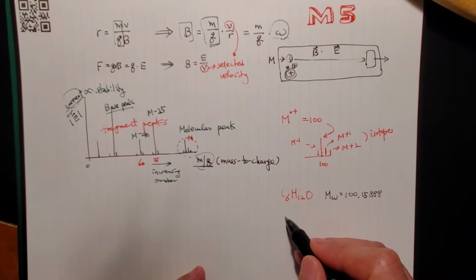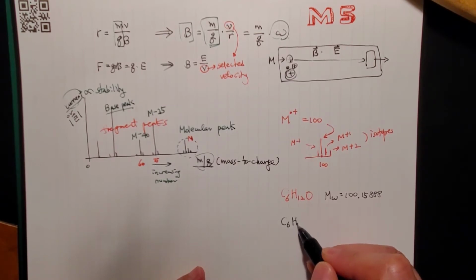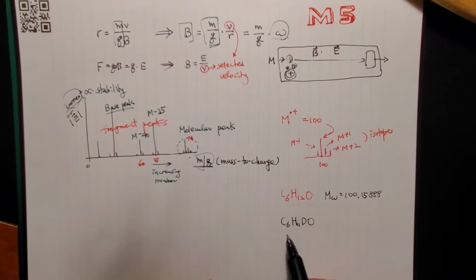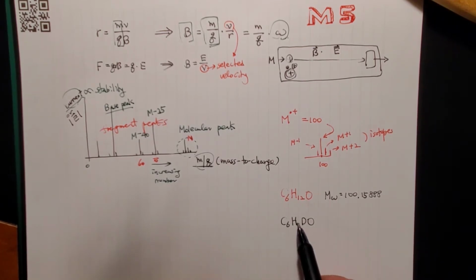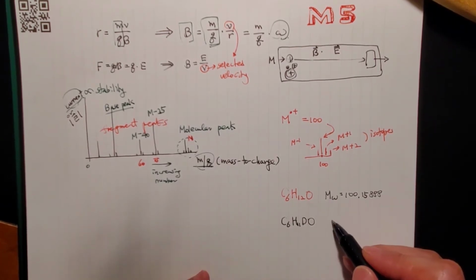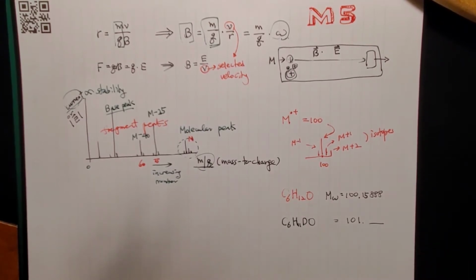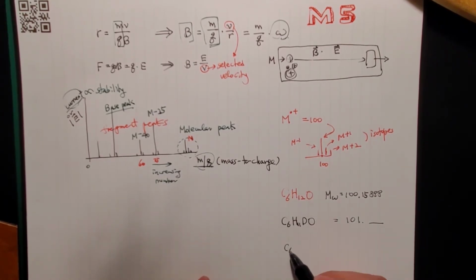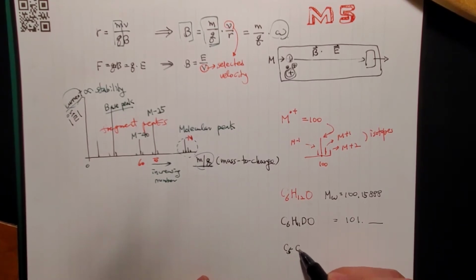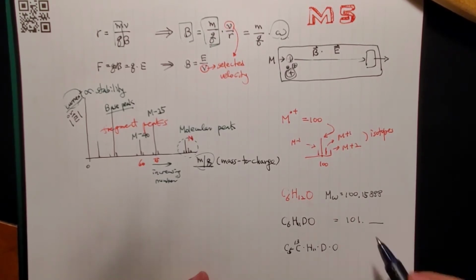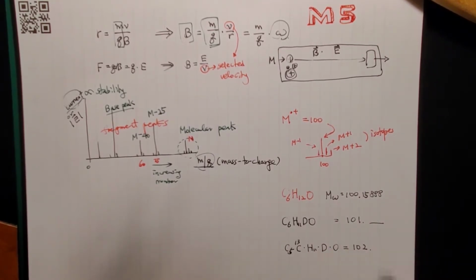And when you measure a molecule with 1 deuterium instead of hydrogen, now the measurement will give you 101 something. Okay, when you measure carbon-12, 5 of them, and 1 carbon-13, and 11 hydrogen and 1 deuterium and oxygen, then the measurement should be 102 instead of 100, 102 something.